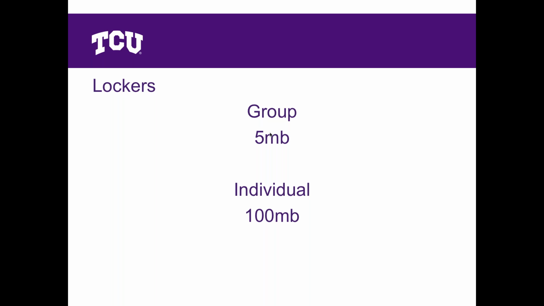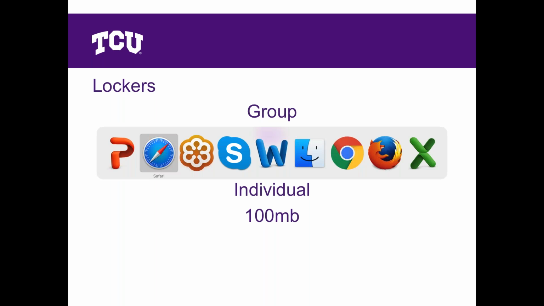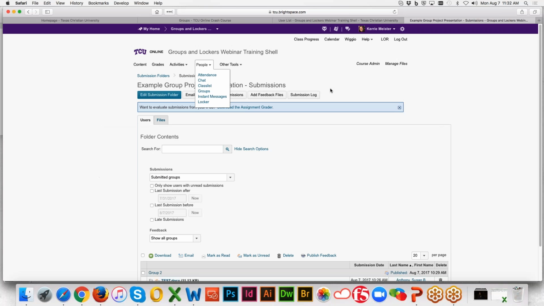I would actually recommend having your students use their OneDrive with their Office 365 accounts, or use something like Google Drive and share it that way. And then you can export from any of those into Word or whatever document from there. Basically, the way it works is you can go to People and then Locker.